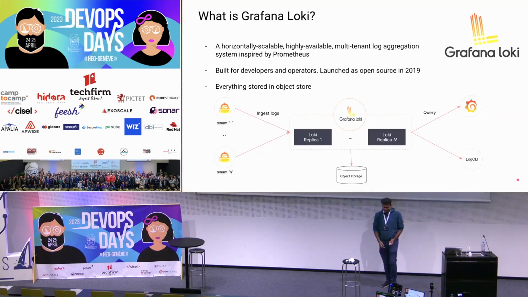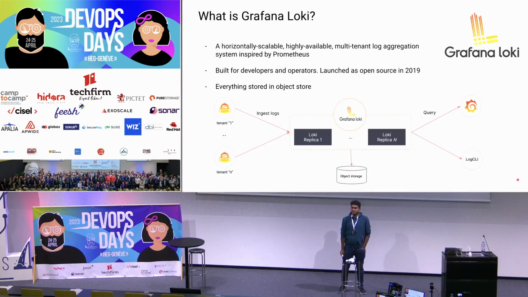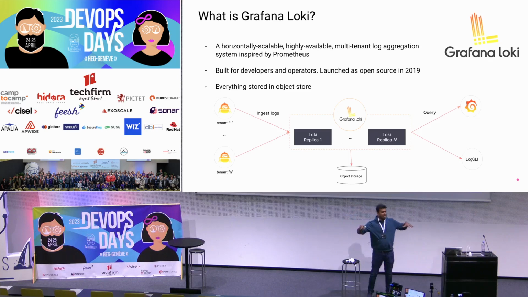All right, so the picture at the bottom paints a mental model of what Grafana Loki is. At least we like to market it as a log aggregation platform, right? Horizontally scalable, highly available. But I'm not a marketing guy, just a database guy, to be honest.